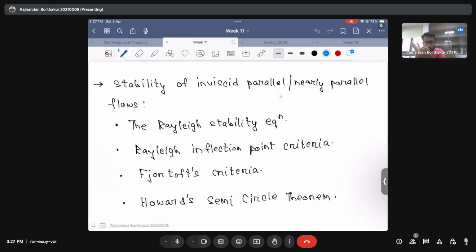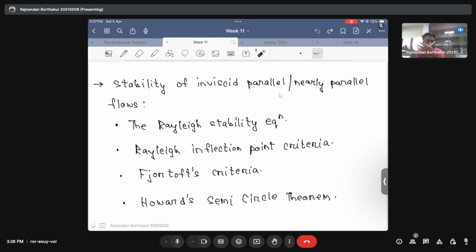But as an exercise, we will try to assess the stability of inviscid parallel flows in detail, and then derive the Rayleigh stability equation, which governs how the disturbance stream function behaves.